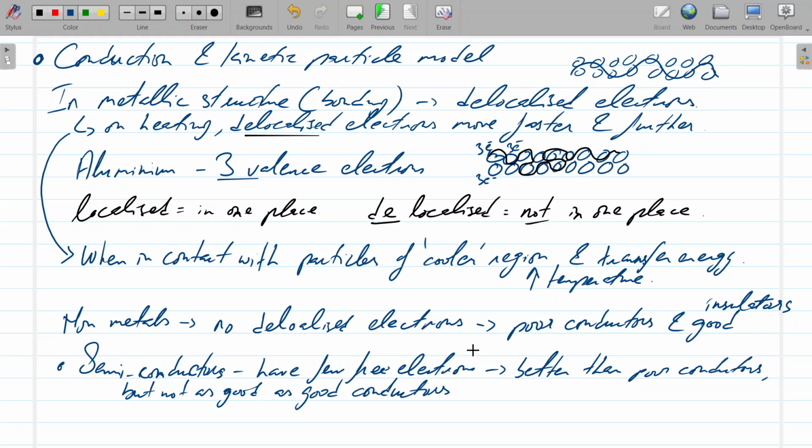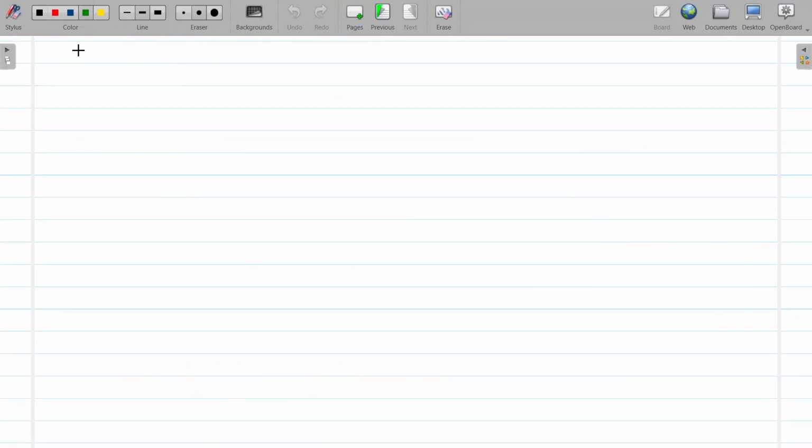So next up is convection. And convection is how thermal energy is transferred through fluids.